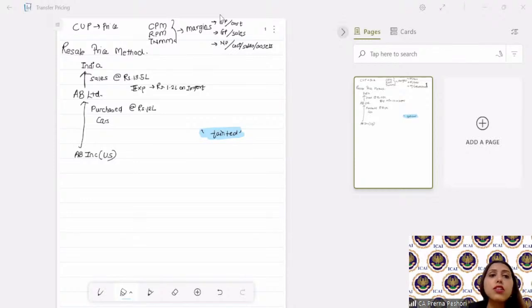So which of the transactions do you feel is a tainted transaction? Let me hear from you quickly in the chat boxes. Whether the purchase transaction or the sale transaction, what should I be comparing? What should I be exactly comparing?